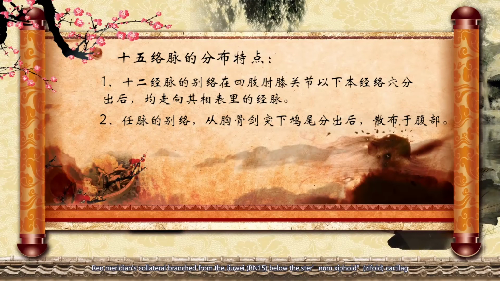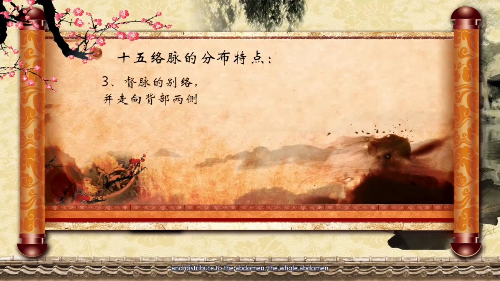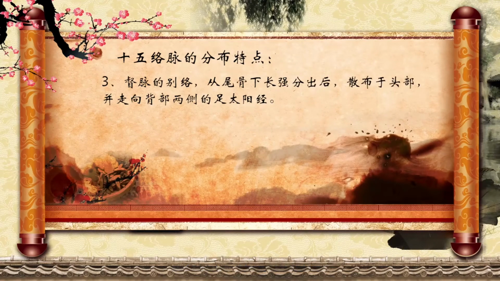The Ren meridian collateral branches from Jiuwei below the sternum xiphoid cartilage and is distributed to the whole abdomen. The Du meridian collateral branches from the Changqiang below the coccyx, then ascends to the head and face.